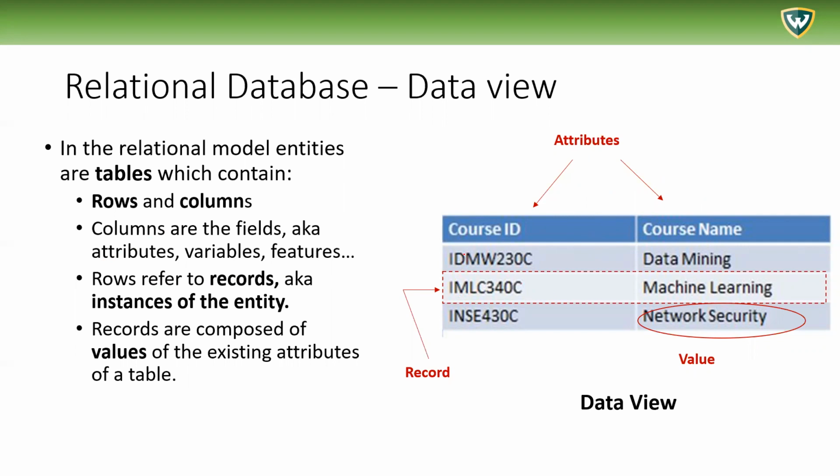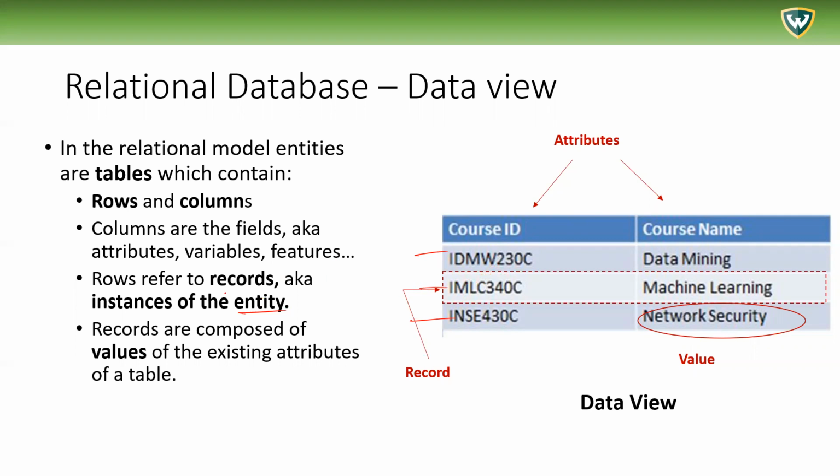So if you have a table of courses, of classes of the university, then each record is an instance of a course. This is a course, this is a course, this is another course, and so on, just like when you see your music listed on the Spotify software, every little record is a song, or it could be a playlist. It depends on the entity that you're talking about.